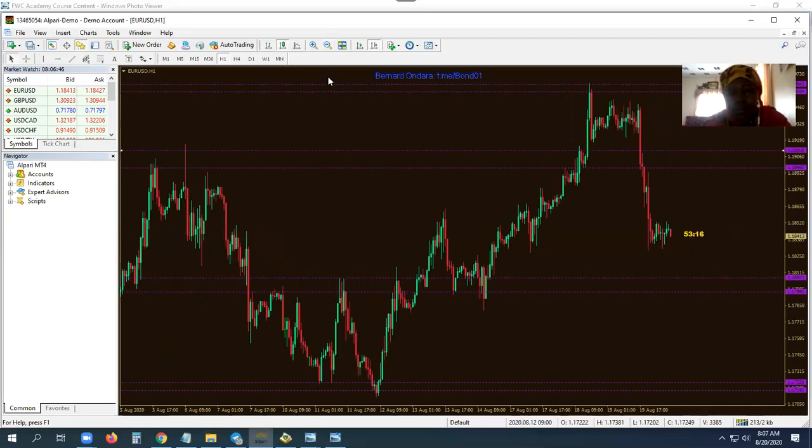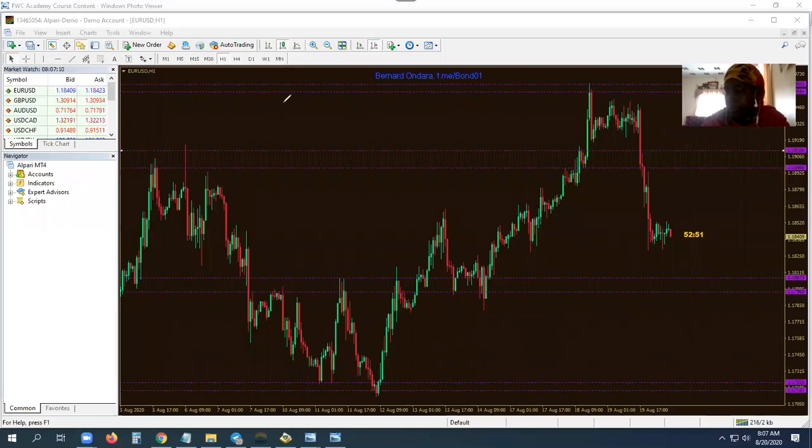Now I remind you of the rules we had last time for zones, because we did say not all support and resistance levels or zones are equal. Some are stronger than others. So we listed a number of rules to follow when you deal with support and resistance so that you don't confuse anything.